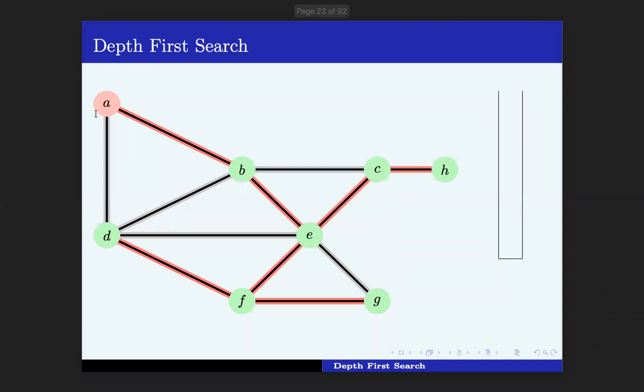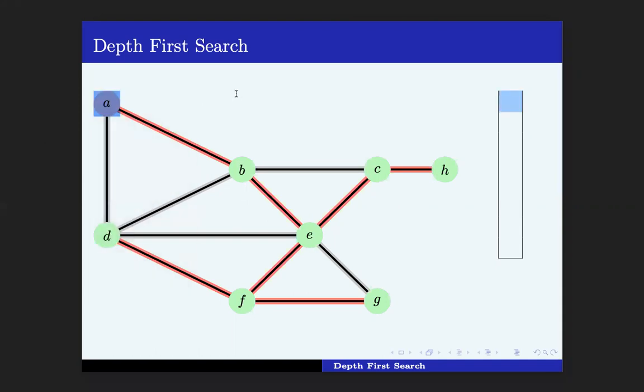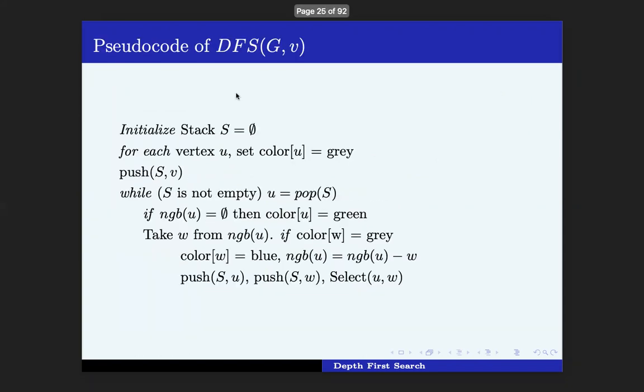Is there some initialization? This is the initial vertex from which you start. You start a DFS from a particular vertex. Right, so V is just that. Got it. V is just the vertex from which you start.